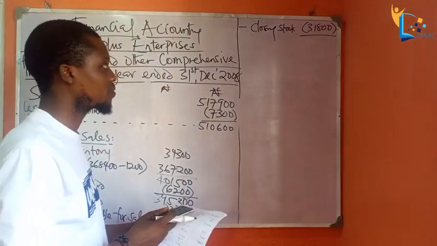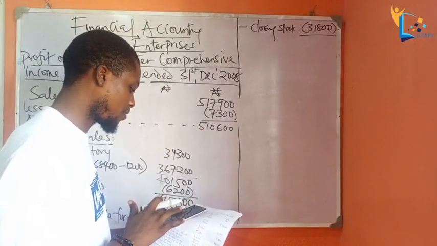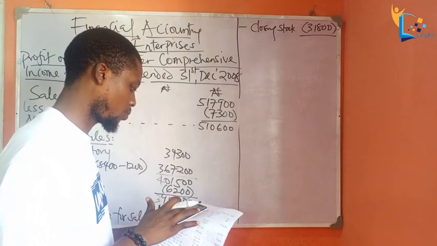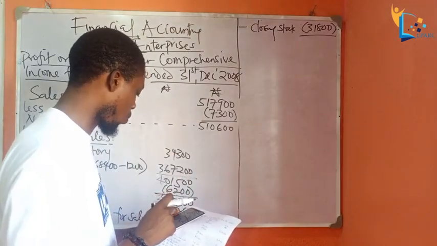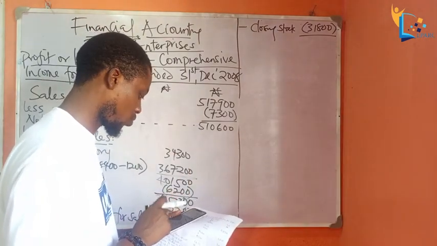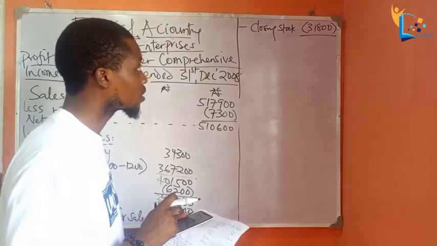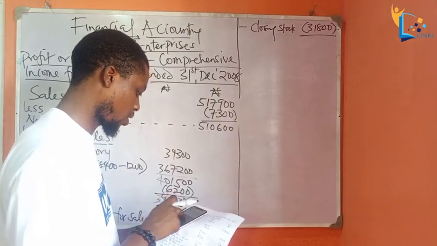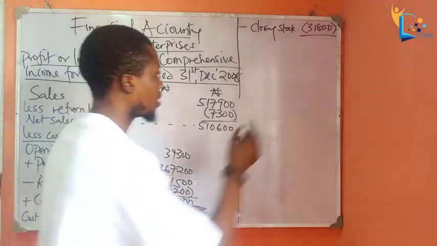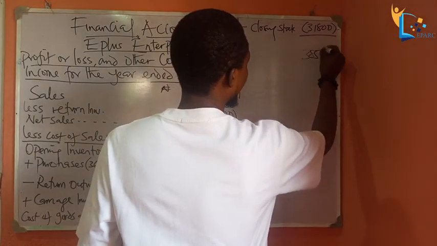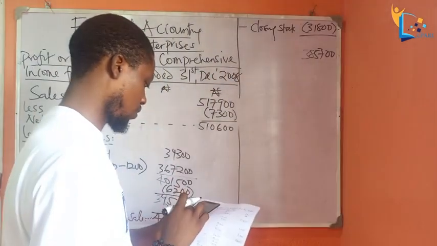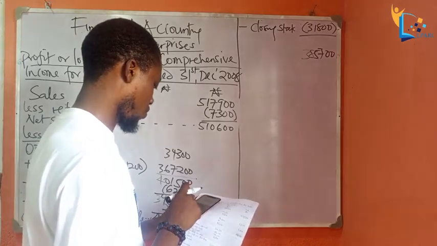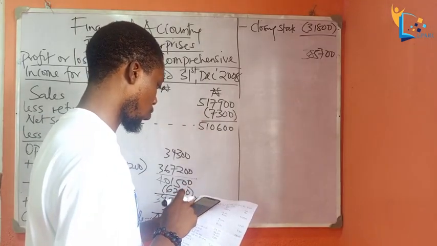So 510. Okay, let me deduct it. First, 417,500 minus 31,800, 385,700. So deduct it from this: minus 510,600.